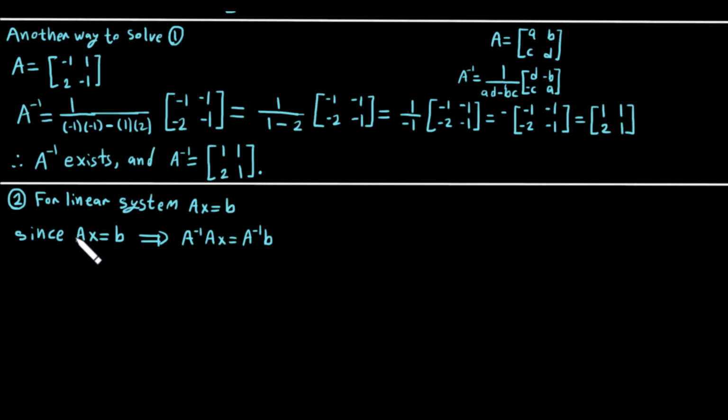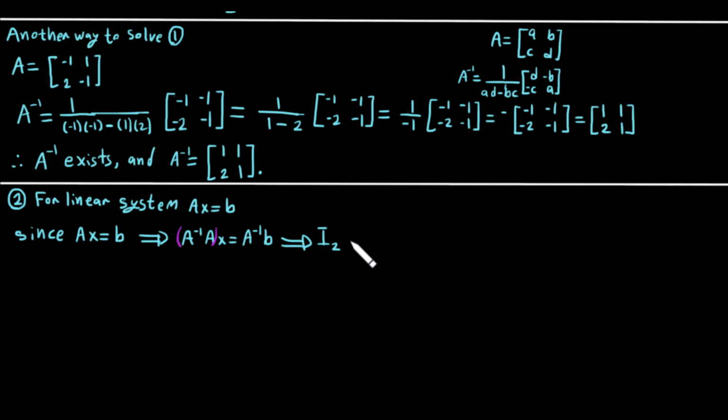So here I multiply by A inverse, and here A inverse, and here is the A inverse. Then here you know this will be identity. So I write here identity with size 2 because it's 2 by 2.